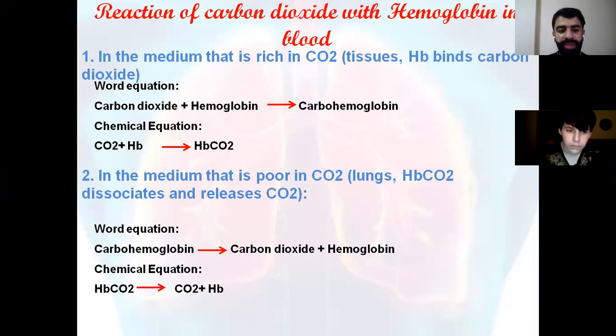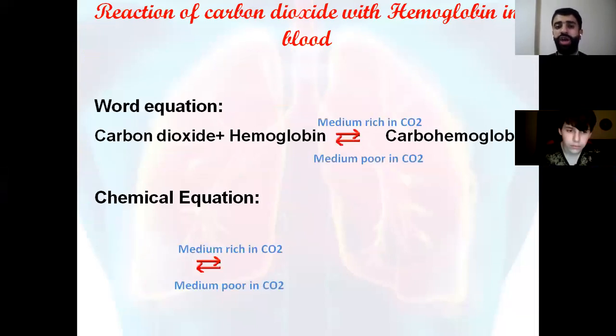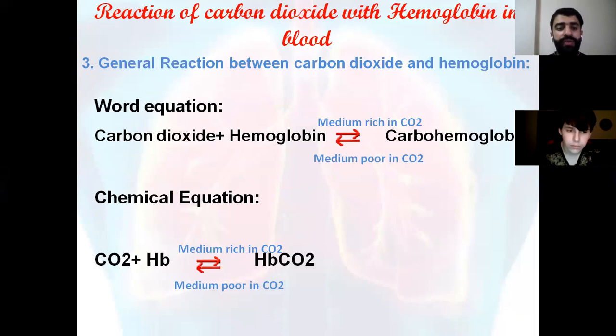In the medium that's poor, carbohemoglobin will dissociate to give carbon dioxide plus hemoglobin. So the general word equation: carbon dioxide plus hemoglobin, in the medium rich, is going to give carbohemoglobin, and the medium poor is going to give the opposite. Carbohemoglobin will dissociate, will break down, to give hemoglobin and carbon dioxide.